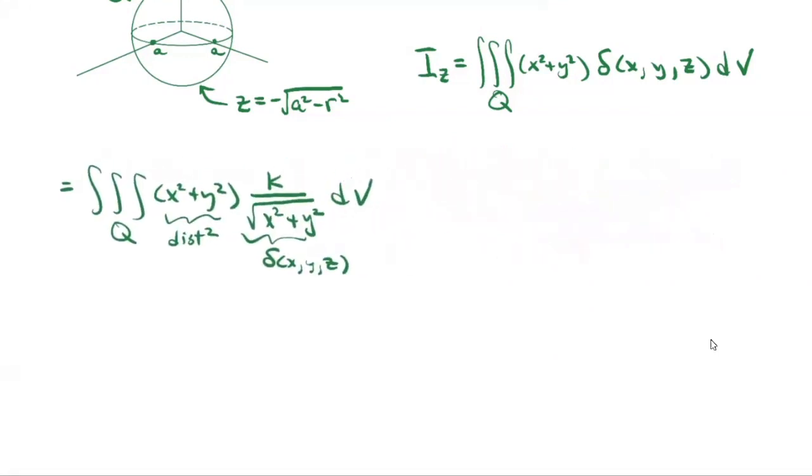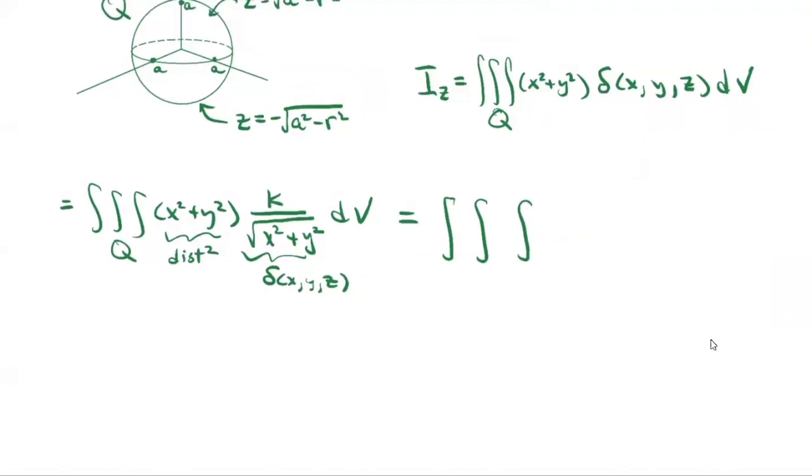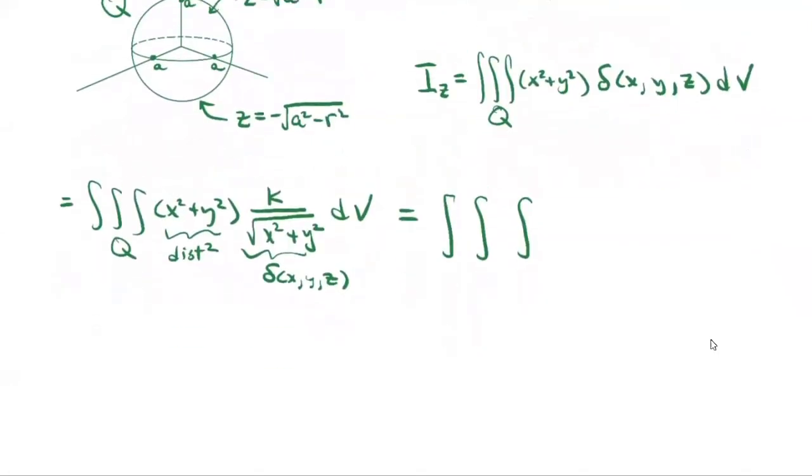All right, then we get to evaluate it. So here goes. Okay, so the limits on z always have to be lower surface to upper surface if it's the innermost. The x squared plus y squared gets to be r squared, and density is just k over r.